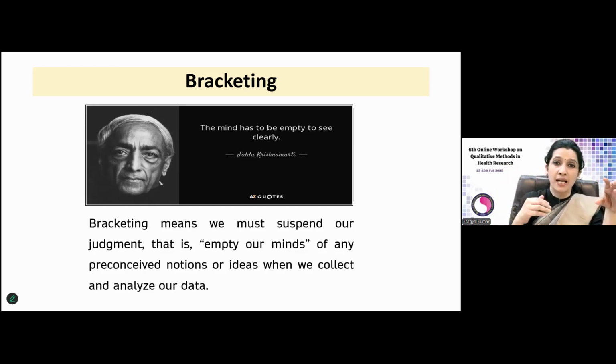And this bracketing starts after accepting your biases, because it is very hard for someone to accept biases. All of us are not very open to accepting our own biases. So bracketing starts the moment you accept your limitations.